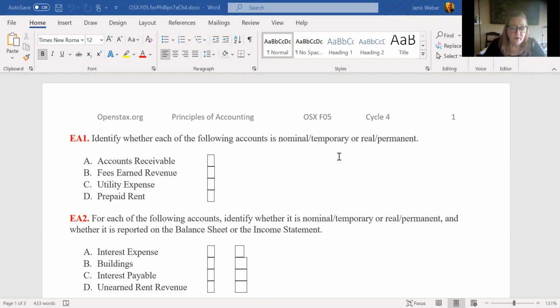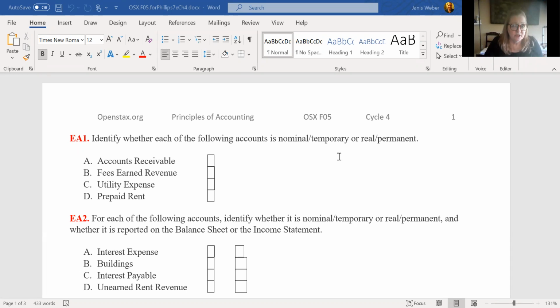Identify whether each of the following is a nominal, which is the same as temporary, or a real, which is the same as permanent account. If it's nominal or temporary, that means it's not going to carry over its balance into the new period. If it's real or permanent, it will carry over its balance.